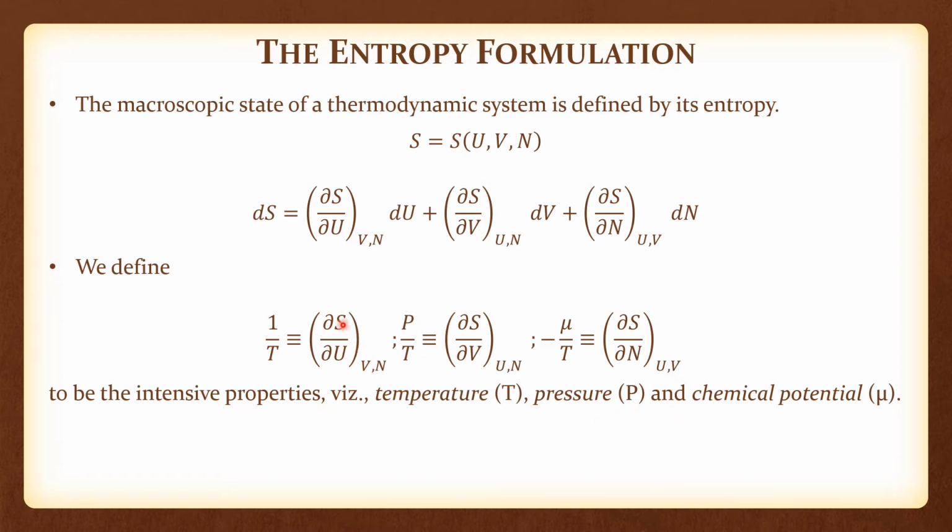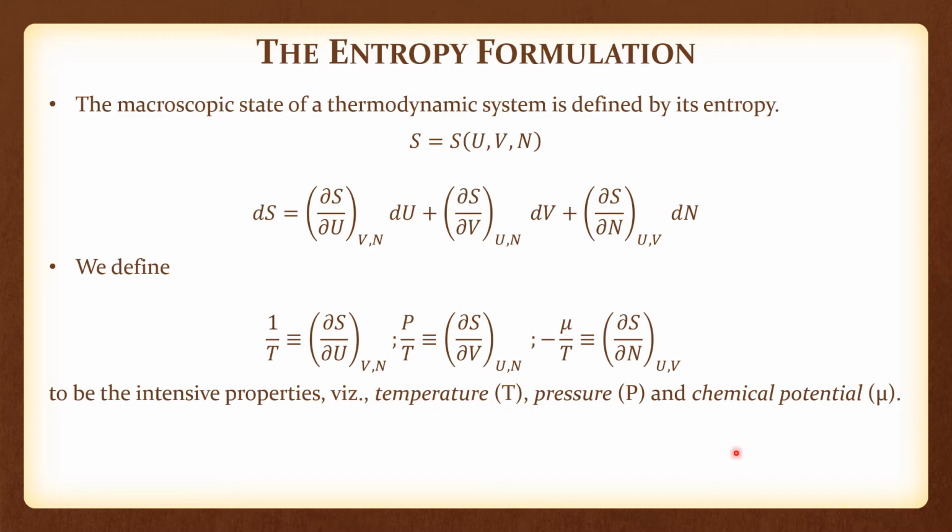Keep in mind that S is an extensive property, U is also an extensive property, and therefore this partial derivative has to be an intensive property. So is the case here as well as here. That's how we define the various intensive properties.